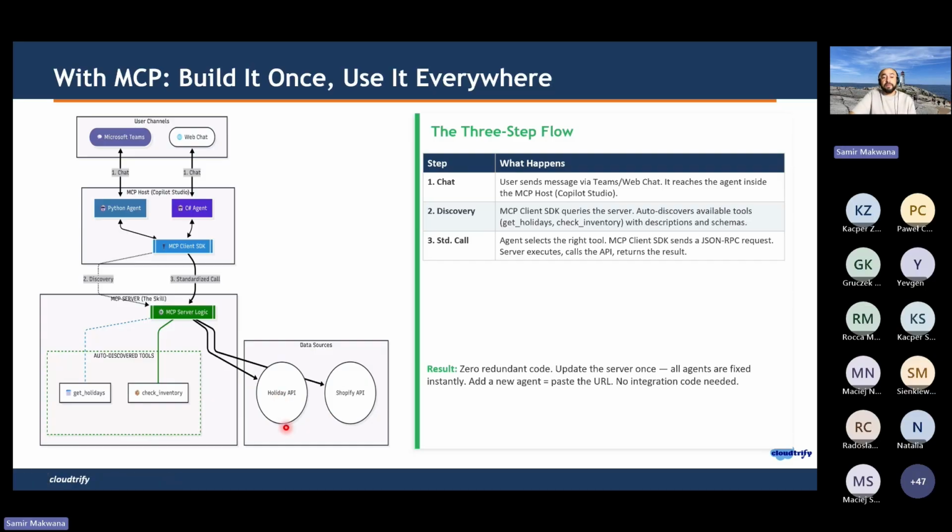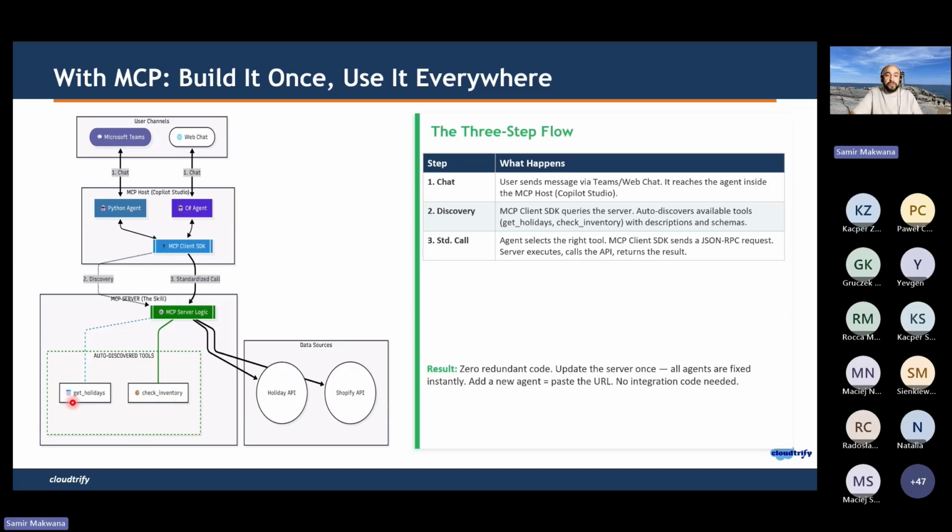Now think of a scenario where the Holiday API and Shopify API have to change. We have two agents, so instead of making changes in both agents for both APIs, which means a total of 4 changes, we just go back and change the get holidays tool and the check inventory tool under the MCP server.